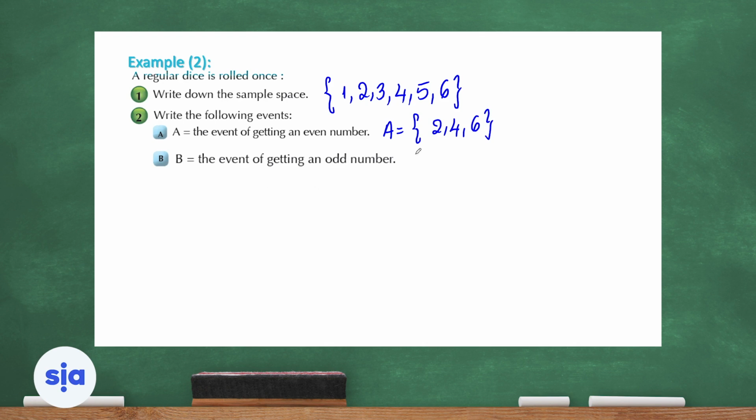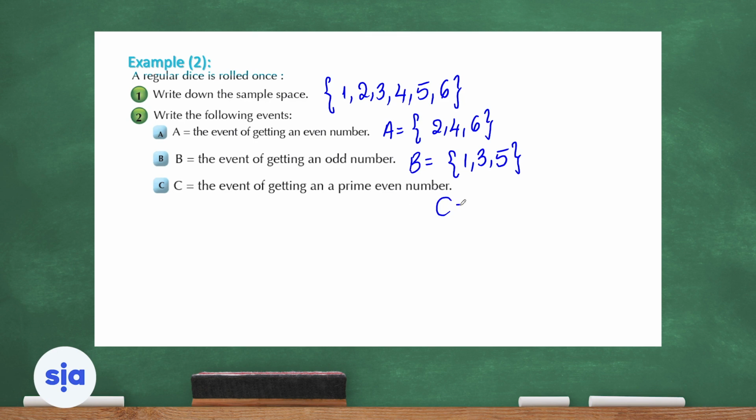So B is 1, 3, 5. Where C is the event of getting a prime even number. A prime even number, as you all know that 2 is the only even prime number.